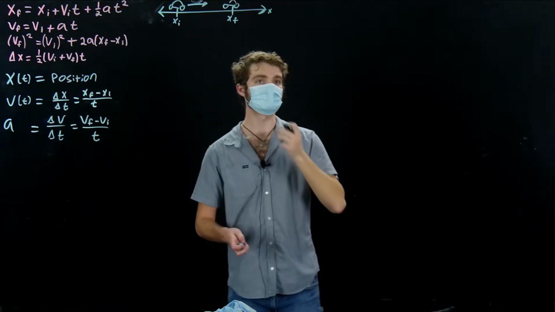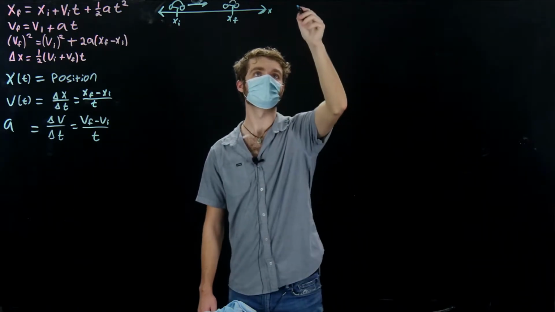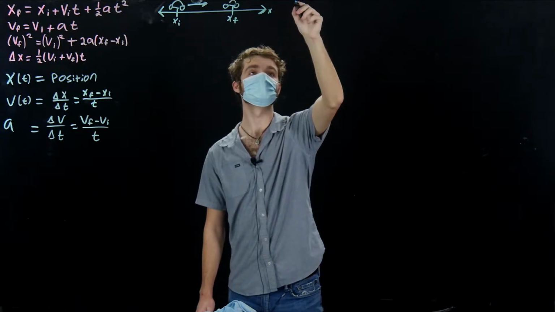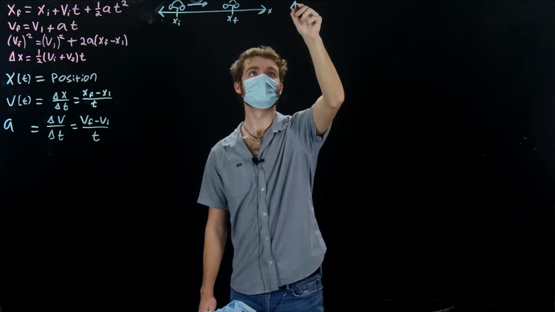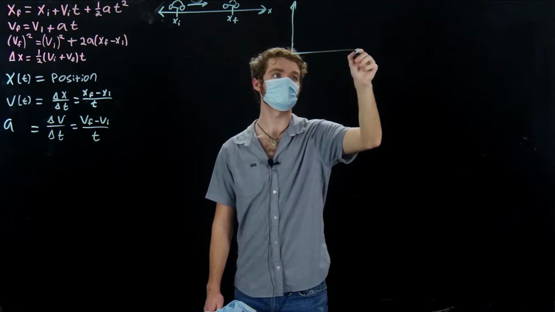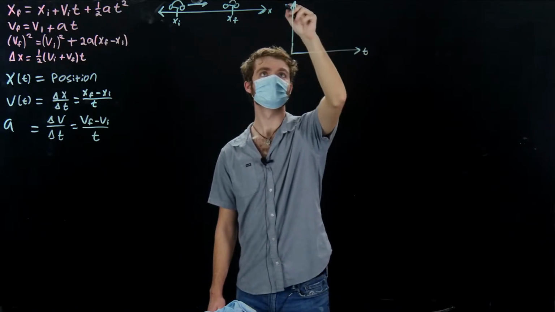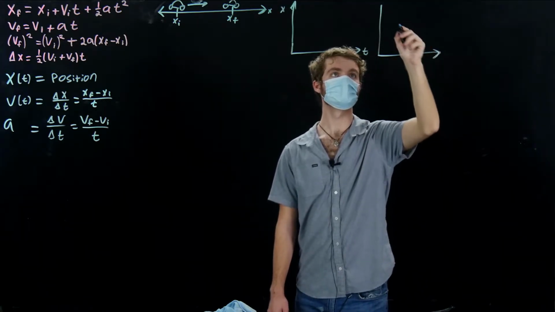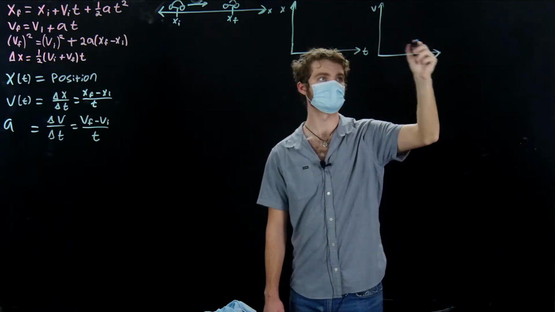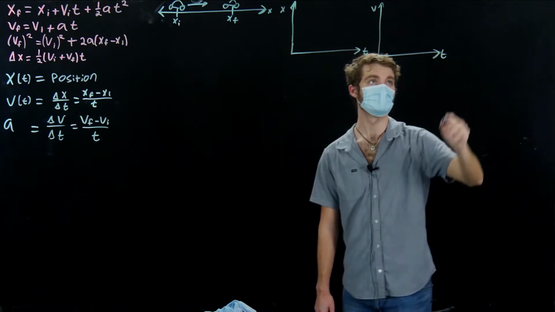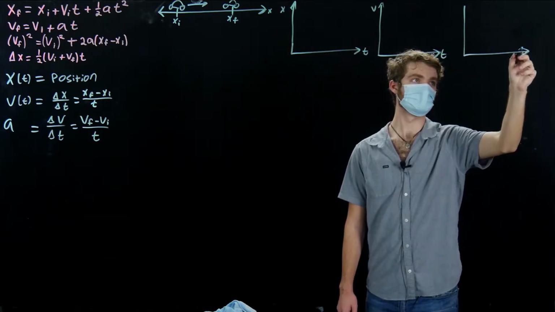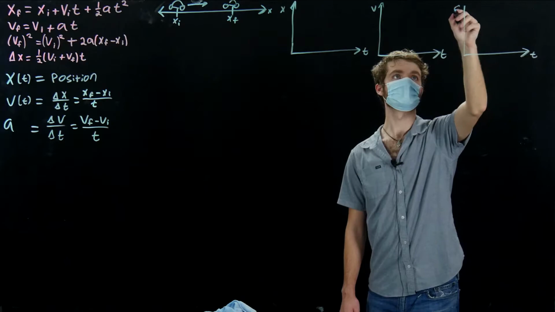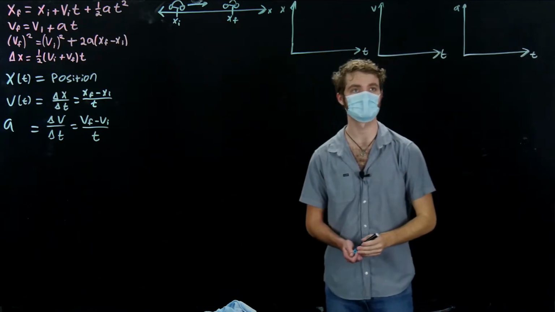So something that's really helpful for really any kinematic problem is drawing first a position versus time graph, a velocity versus time graph, and an acceleration versus time graph.